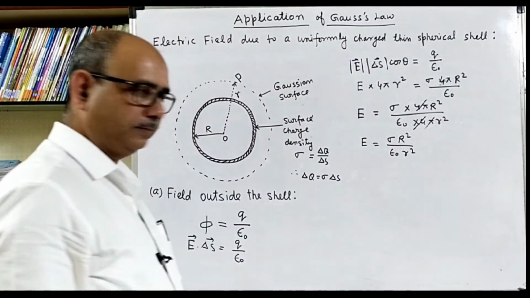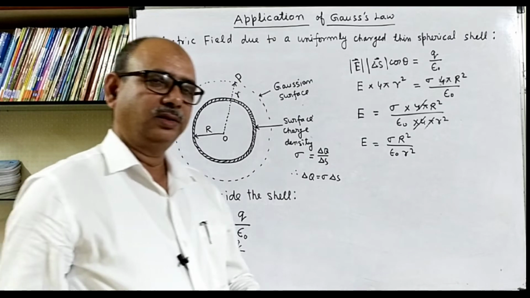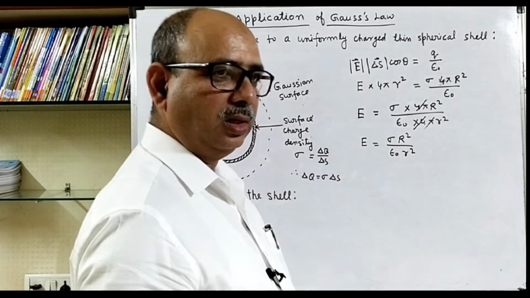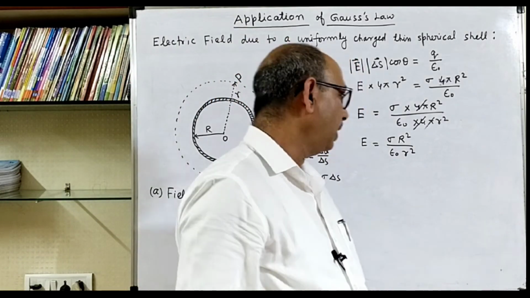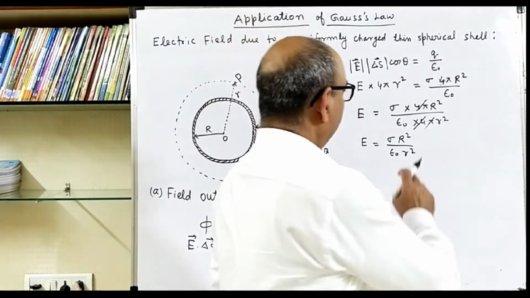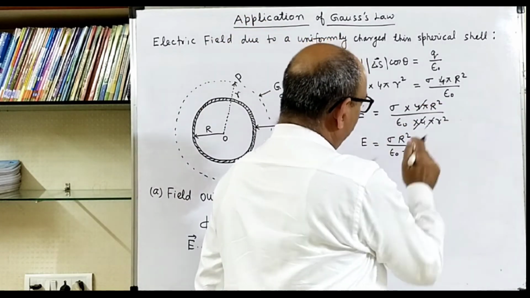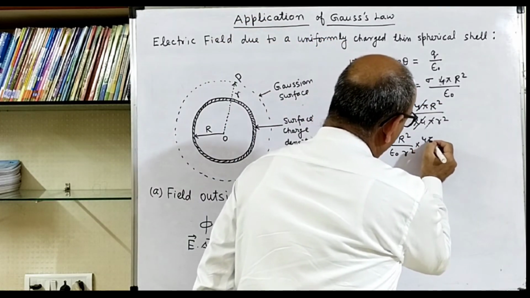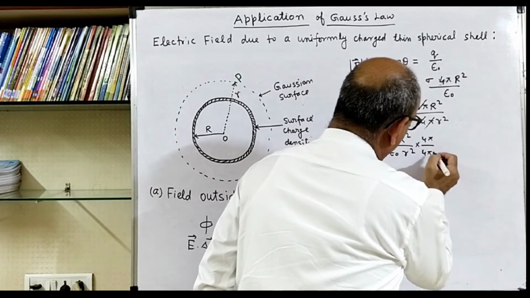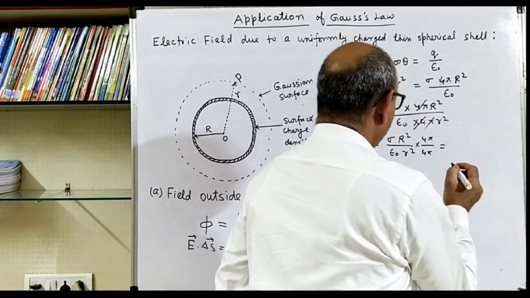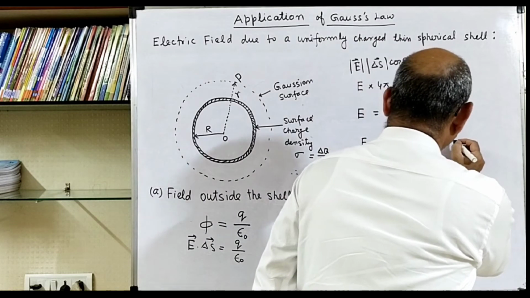In terms of the charge, to express the electric field in terms of the value of the charge, we multiply and divide by 4 pi.